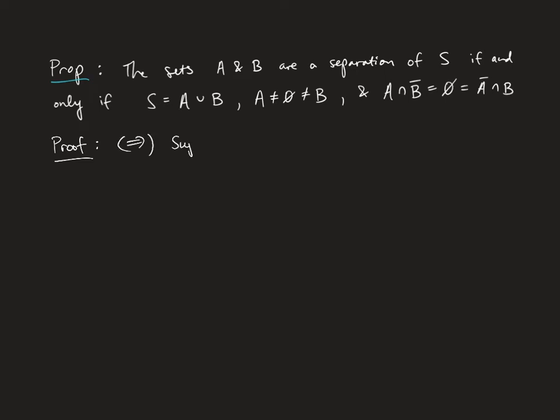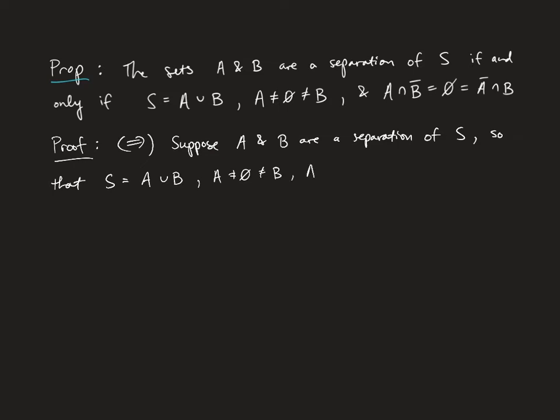So suppose A and B are a separation of S, so that S equals A union B. A is not the empty set, B is not the empty set, so they're non-empty.